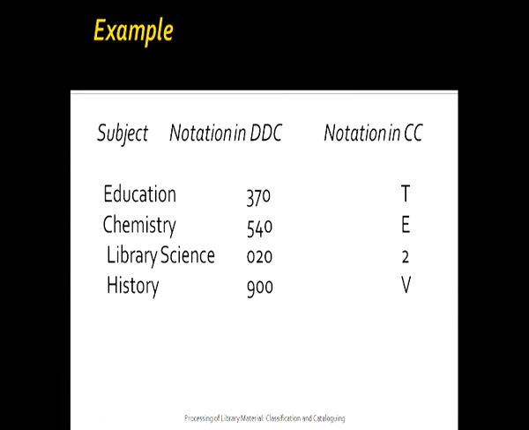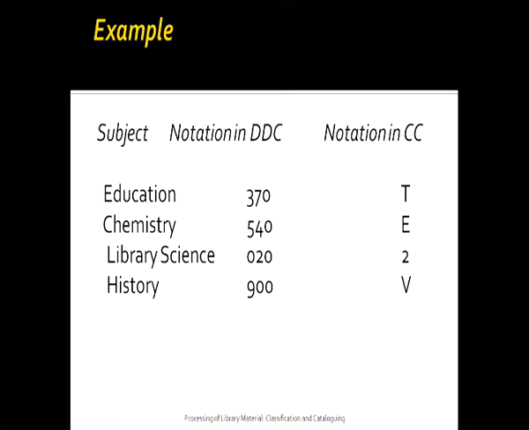Let's take a look at one example. In the subject of education, the notation in the Dewey Decimal Classification is 370, and then notation in the colon classification will be T. Then in chemistry, notation in Dewey Decimal Classification is 540, notation in colon classification is E. In the subject of library science, in Dewey Decimal Classification, notation is 020, and in CC it is 2.